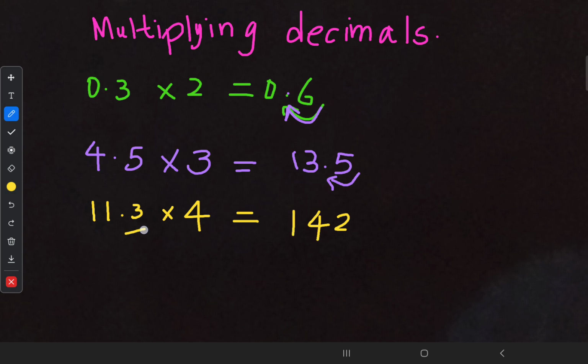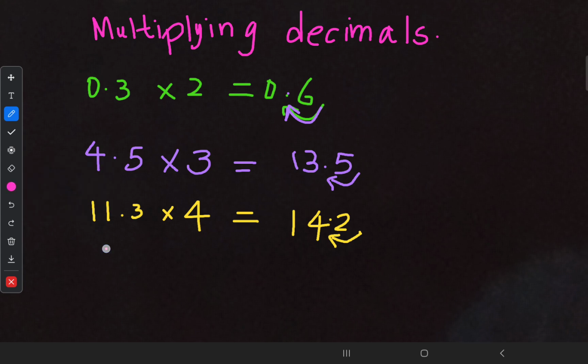Here you can see only one digit after the decimal point. That means from the multiplied value's last, we have to move the decimal one digit towards its left. While multiplying, only one digit here, so you should move your decimal one digit from its last.